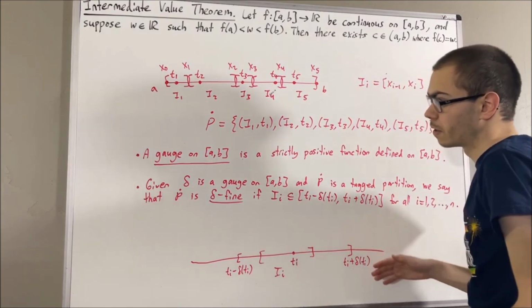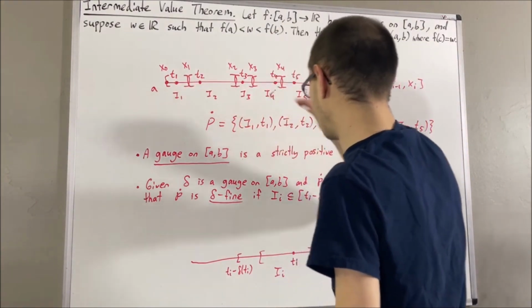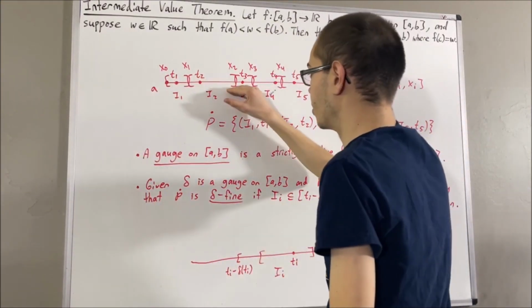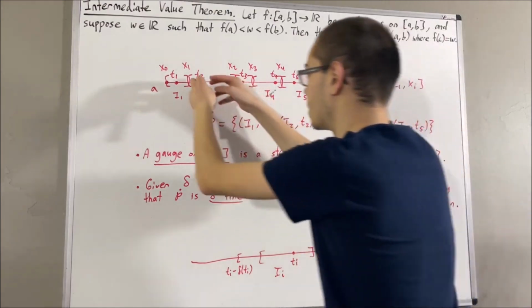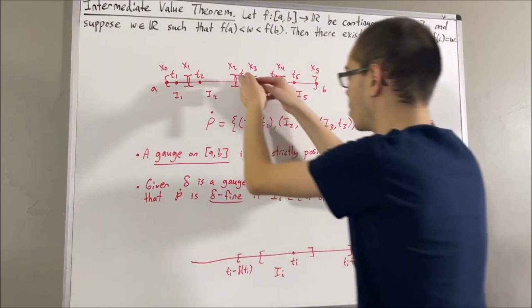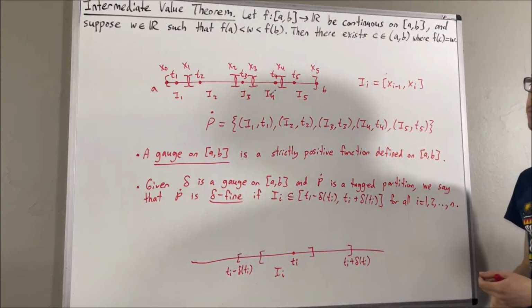So for example, for this partition to be delta fine, we would need I1 to be a subset of this interval centered at t1. We would need I2 to be a subset of this interval centered at t2. We would need I3 to be a subset of this interval centered at t3, and so on for each subinterval in the partition.